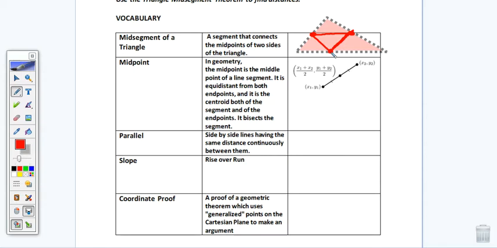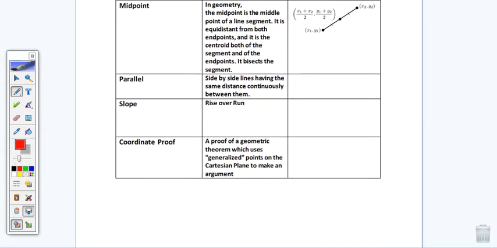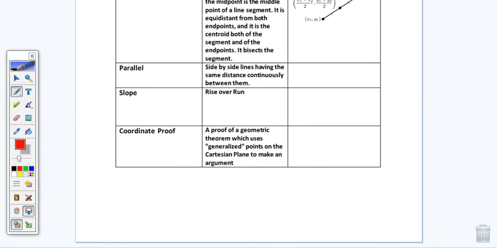You guys know what parallel means, right? Two lines that extend infinitely forever, never ever do what? Remember we put these little symbols in there to indicate parallel lines. What's the definition of slope? Rise over run. Another formula we might have to revisit is m equals y2 minus y1 over x2 minus x1.